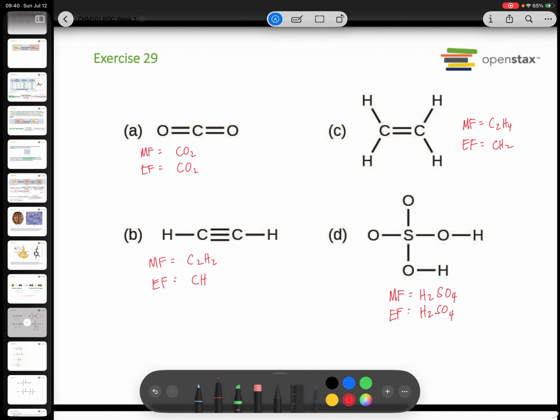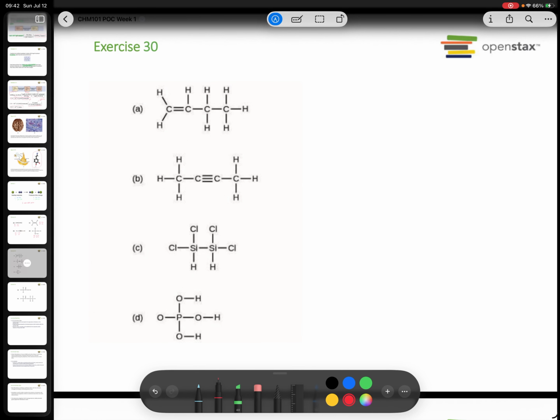Okay? Next exercise. So, in here, we will write here yung kanyang molecular formula and then empirical formula. Same pa din naman using the structures given.